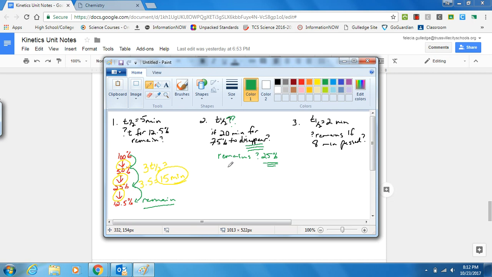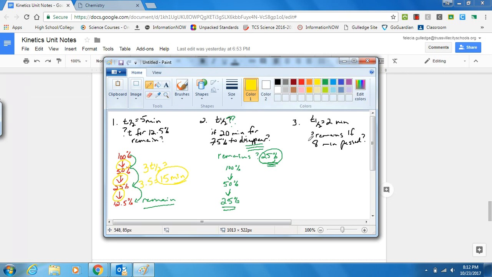So let's start at 100%. 1 half-life is 50%. 2 half-lives. Remember, I'm cutting this value in half. So half of 50% is 25%. And I've gotten to my goal, right? 25% remains.